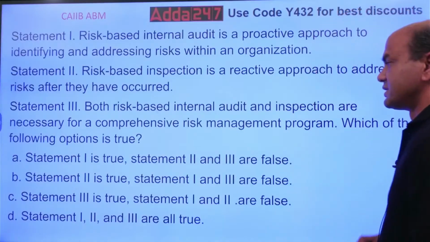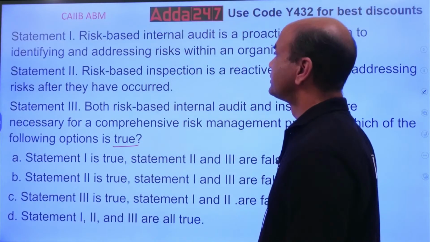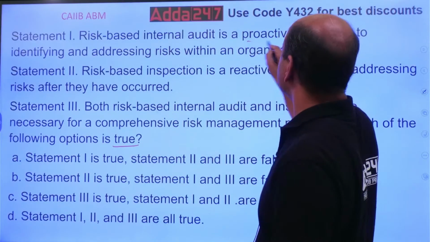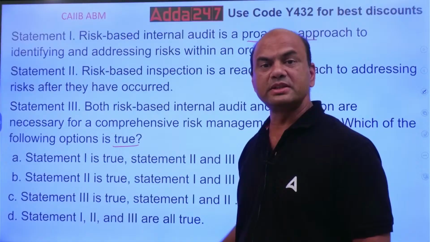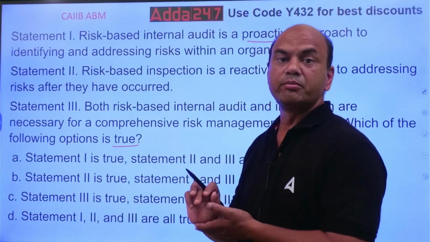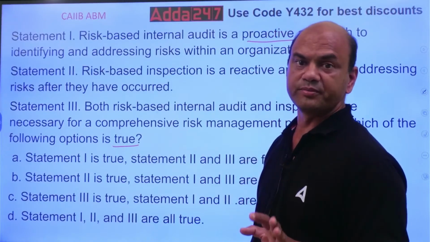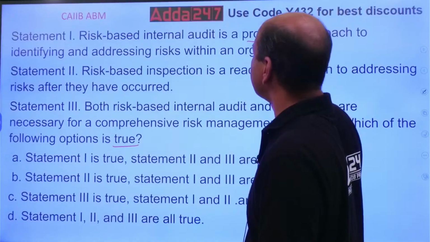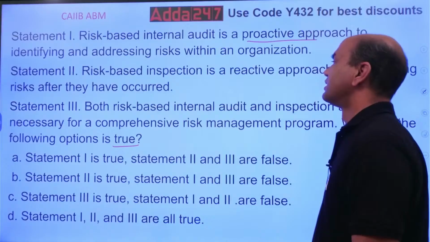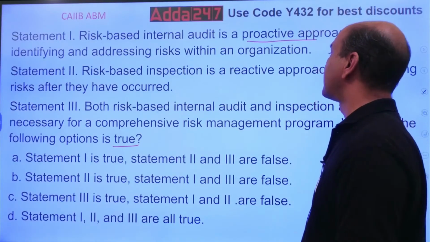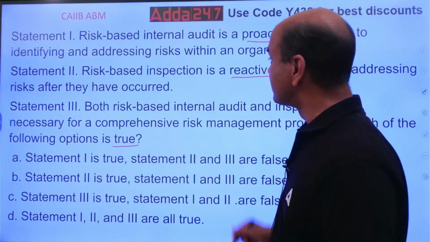What is the question asked? Which of the following options is true? Risk-based internal audit is a proactive approach. What do you mean by proactive? Proactive means done before the event occurs. We judge the first one first. So it's a proactive approach in identifying and addressing the risks. Second, risk-based inspection is a reactive approach. Reactive means afterwards.